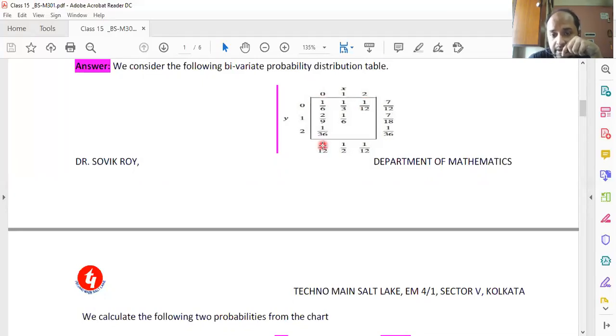Similarly, when you are calculating the marginal distribution of x, you are varying the variable with respect to y. When you put y equal to 0, you get 1/6. Then putting y equal to 2... I mean y equal to 1, you get 2/9. Then putting y equal to 2, you get 1/36.